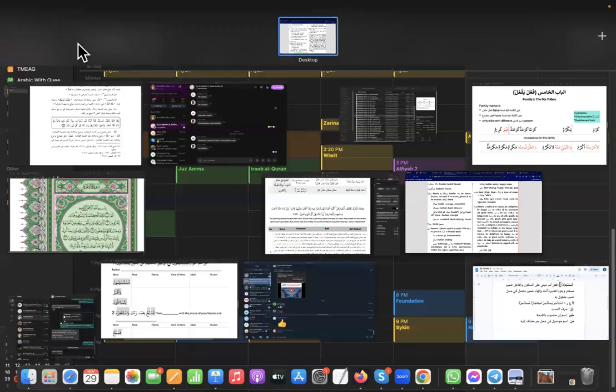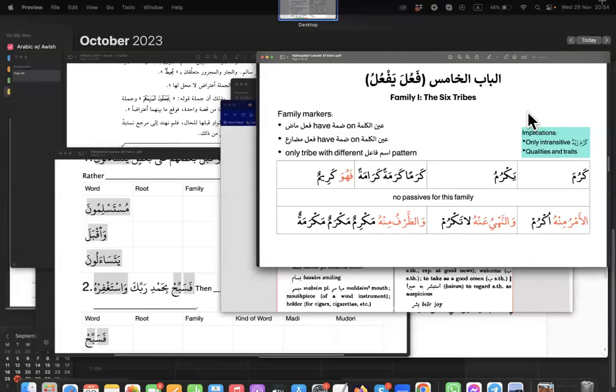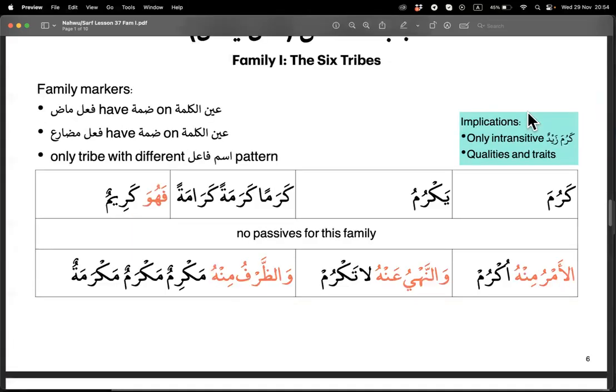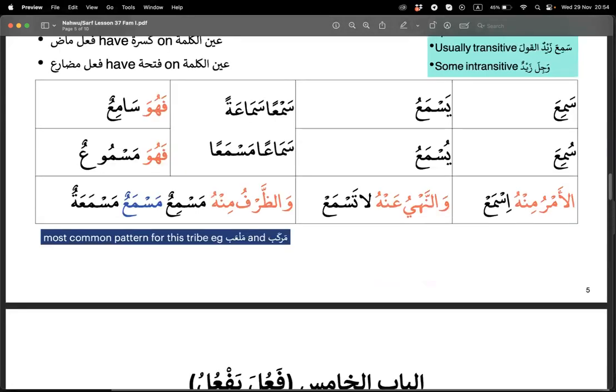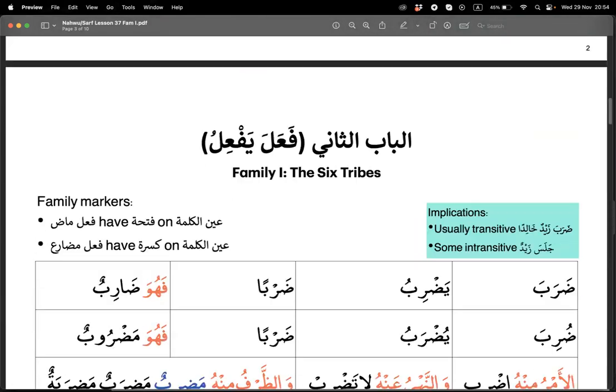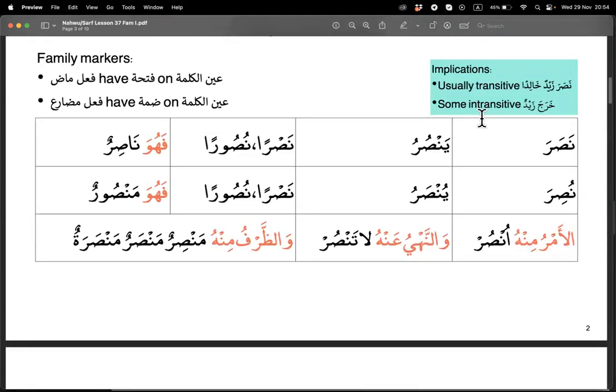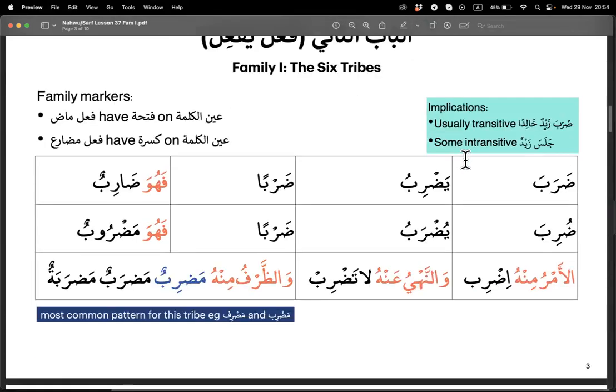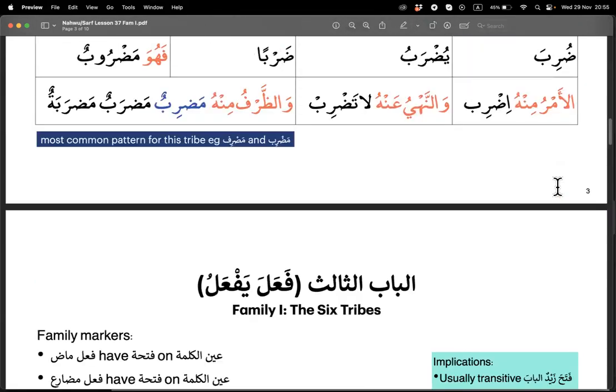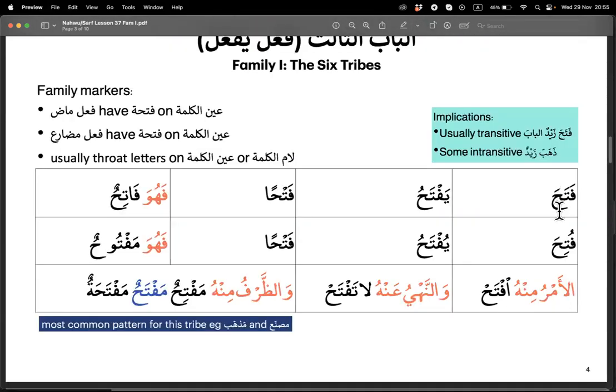But if I give you the madi of a word, let's say I give you da-ra-ba, the thing is you cannot know which tribe, because it can be Nasara Yansuru, it can be Daraba Yadribu, or it can be Fataha Yaftahu.